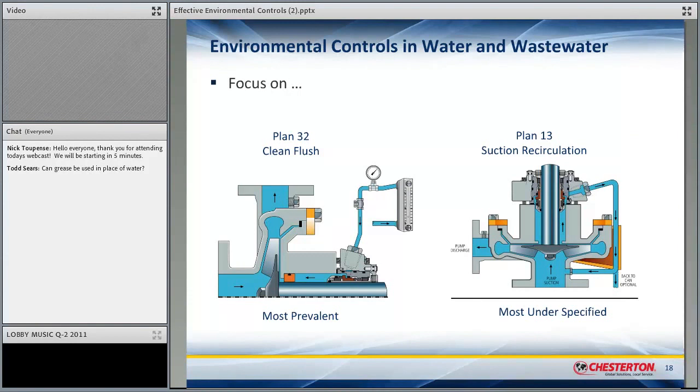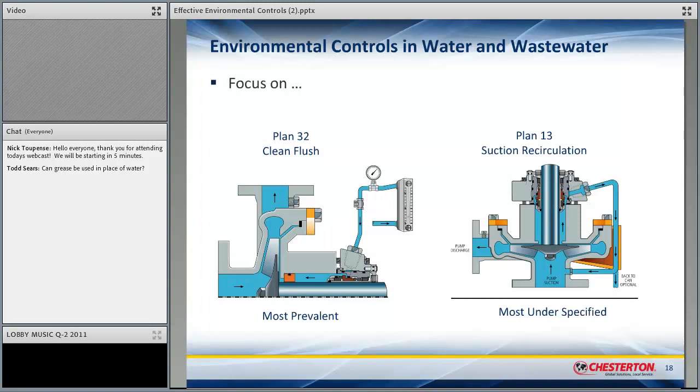So, in terms of environmental controls in water and wastewater, we're going to focus on Plan 32, the clean flush, which is the most prevalent environmental control. And we want to talk about, in particular, Plan 13, suction recirculation, which, by the way, I find is one of the most underspecified piping plans utilized in water and wastewater.